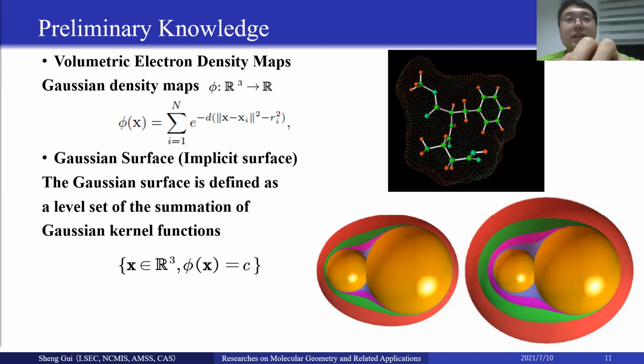Xi and Ri are the location and the radius of atom i. The Gaussian surface is defined as a level set of the volumetric electron density map, where C is the iso value, and it controls the volume enclosed by the Gaussian density map.